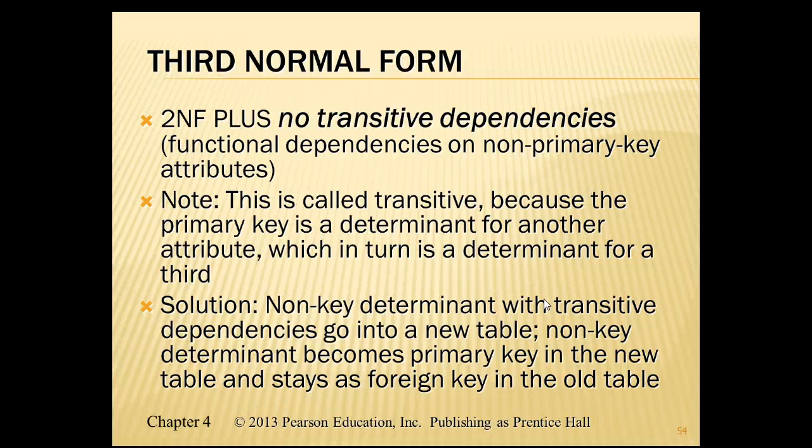And of course, to achieve third normal form is going to be second normal form plus no transitive dependencies, or functional dependencies on non-primary key attributes.